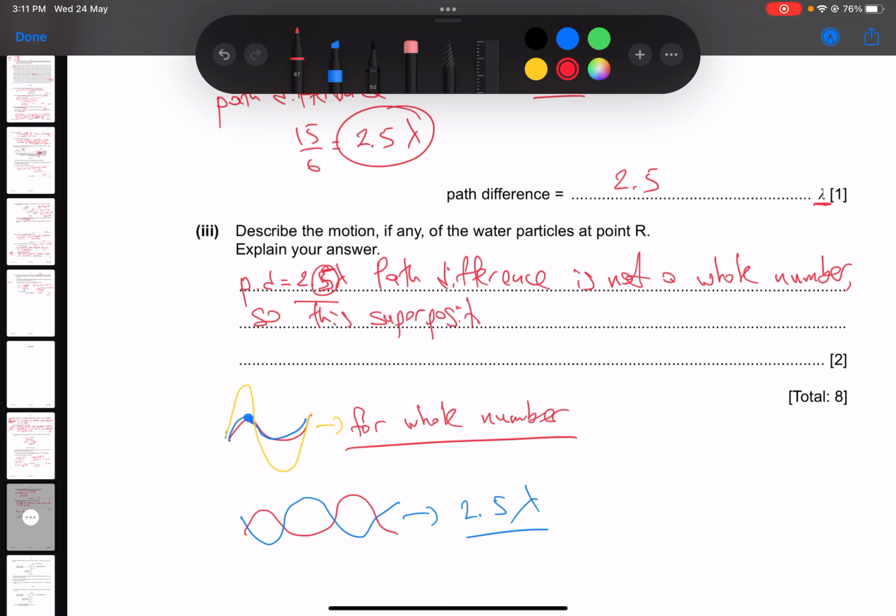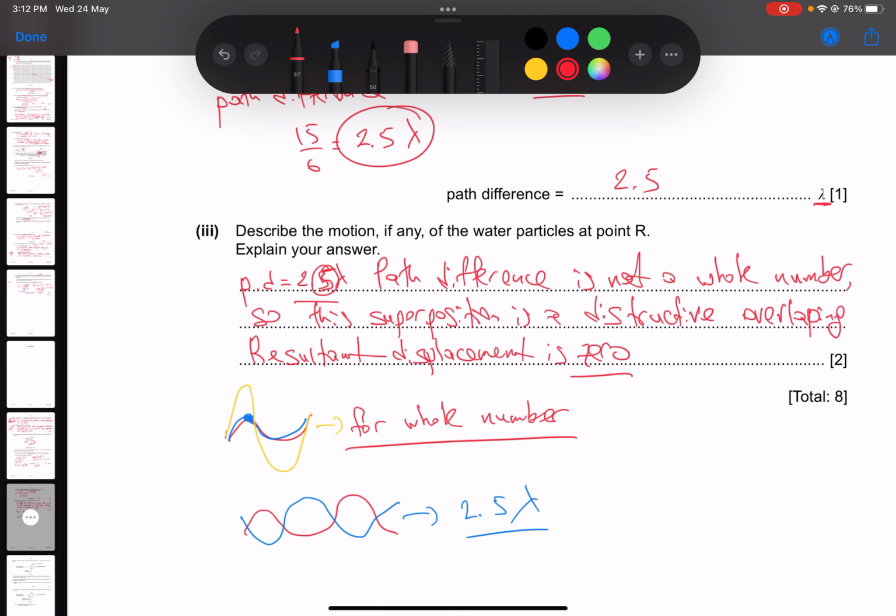This is the destructive type of superposition, overlapping. So displacement would be 0, guys. I would say displacement is exactly 0 here. The resultant displacement is 0.